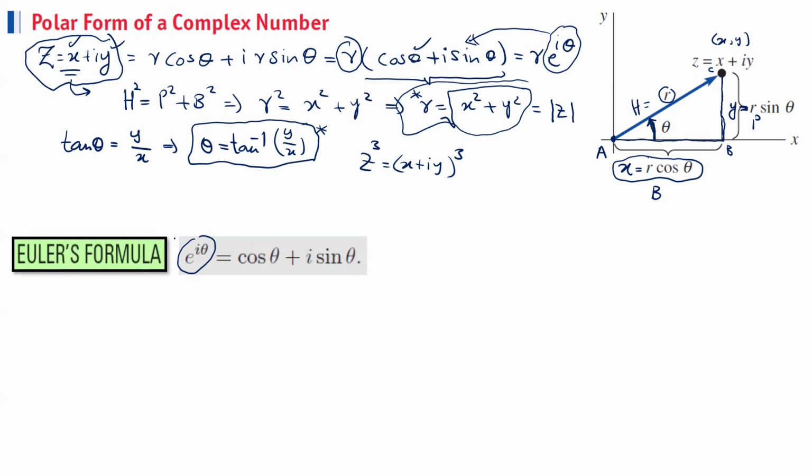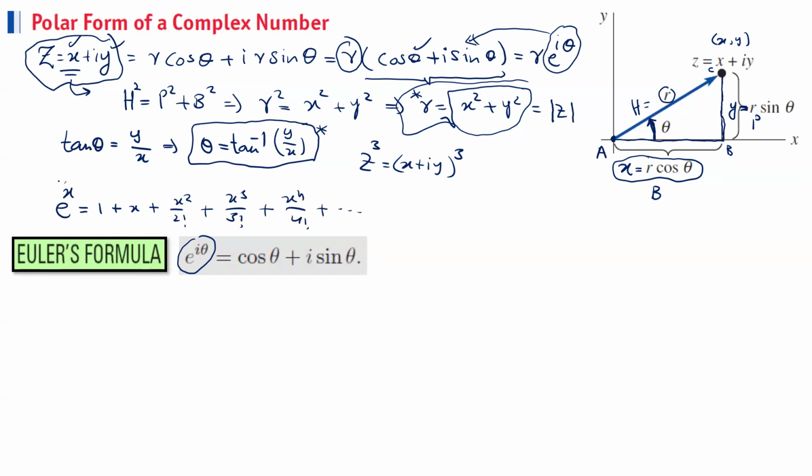If I use the Taylor expansion of this function, for example, e to the x, the Taylor expansion of e to the x is 1 plus x plus x squared by 2 factorial plus x cubed by 3 factorial plus x to the 4 by 4 factorial, and so on.